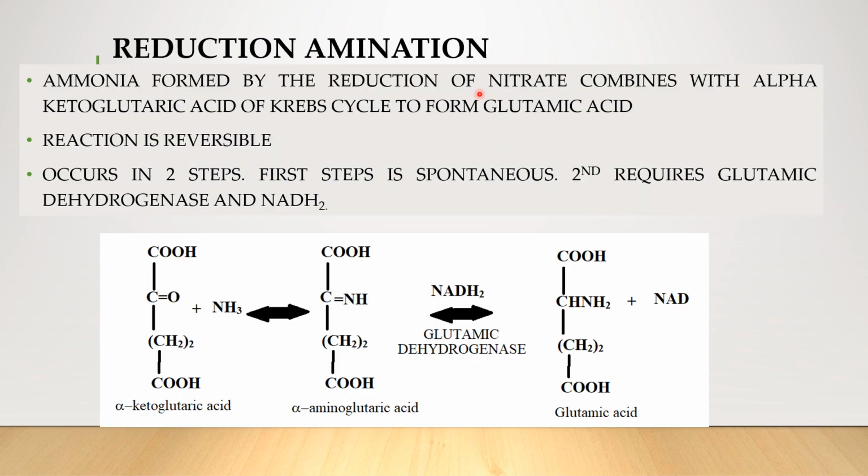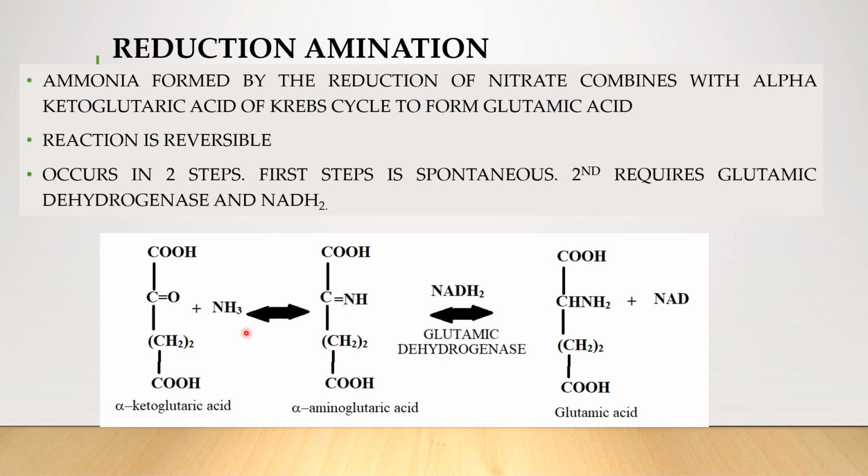The first one is reductive amination. So ammonia, which is formed by the reduction of nitrate, combines with alpha ketoglutaric acid, which comes from the Krebs cycle, and then it finally forms glutamic acid. This reaction is reversible, and it occurs in two steps. The first step is spontaneous, while the second one requires the enzyme glutamic dehydrogenase and then NADH2.